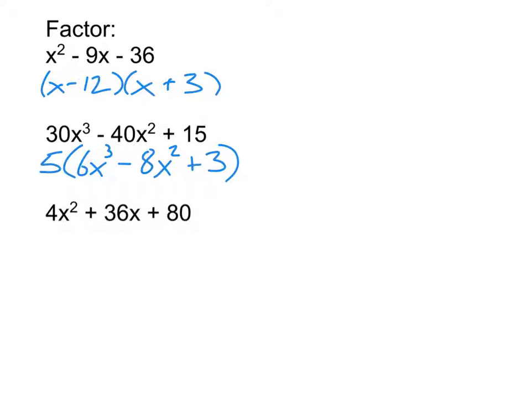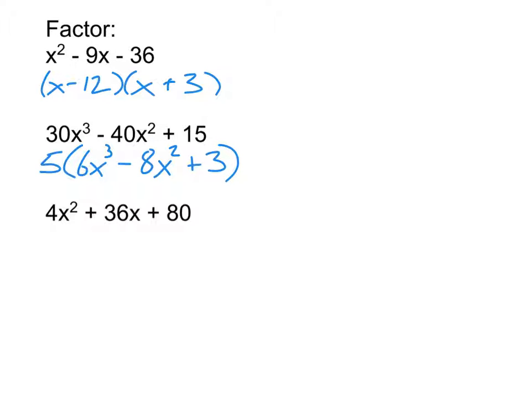All right, now for this last problem, this is where things get interesting for us. Because I do see that I have x squared and x. But whenever we've done this kind of factoring up here, we've always had to start with just a plain old x squared, no number in front of it.